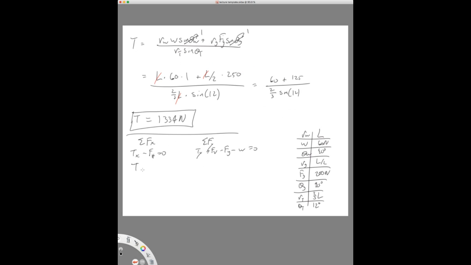So the Fh, that is the horizontal force, is just equal to T times the cosine of 12. That's my X component. That's 1334 cosine of 12.